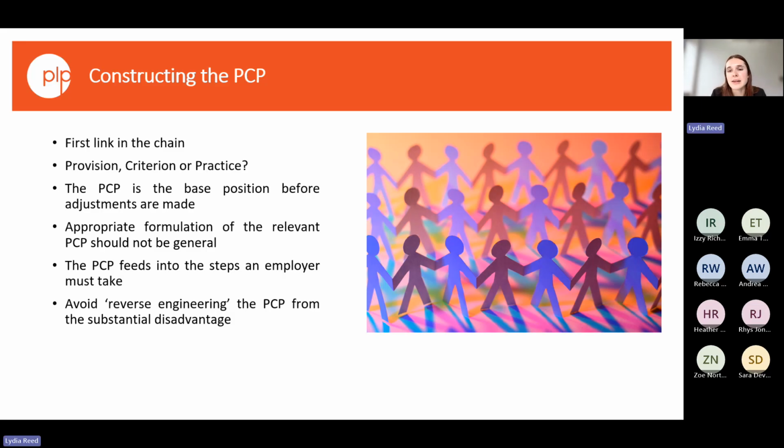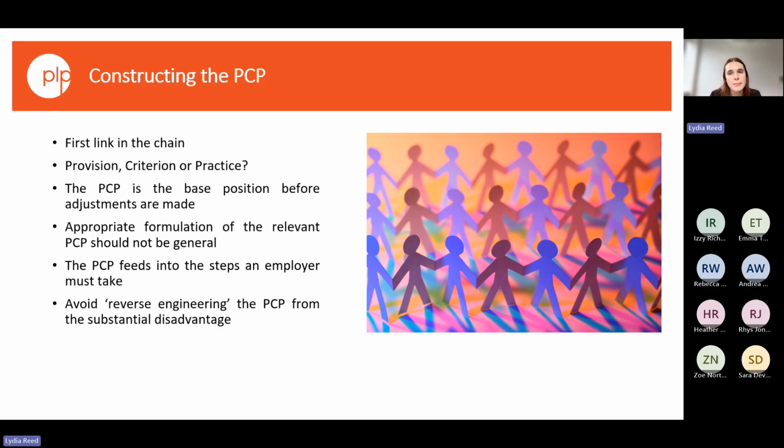While it's neutral, the PCP, when it's formulated, shouldn't be so general that it's not relevant to the claim. It should really get to the heart of how a disabled worker might be disadvantaged by the application of that PCP. So it's the starting point, but it needs to be neutral, and it needs to be sufficiently specific to assist the tribunal when considering the remaining component parts.